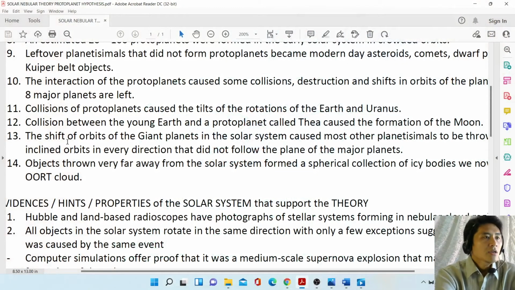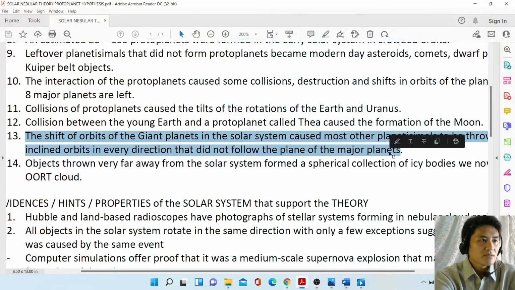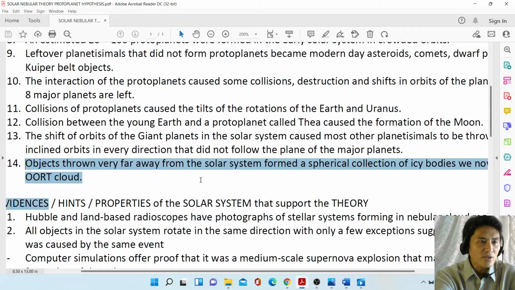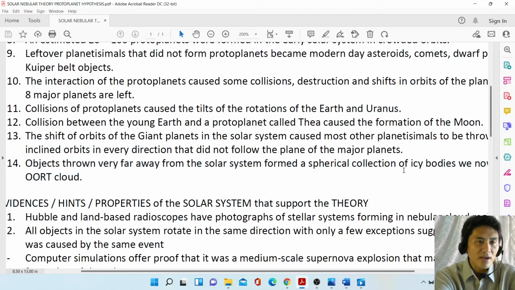Okay? So now we can explain how the Kuiper belt and the Oort cloud were created, because here objects thrown very far away from the solar system form a spherical collection of icy bodies that we now call the Oort cloud.